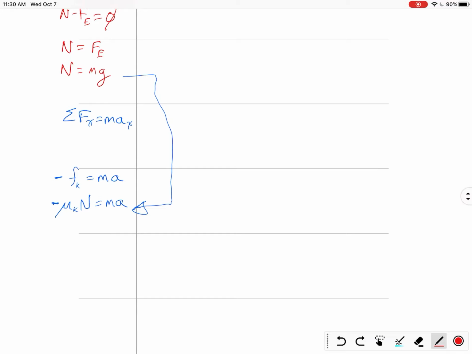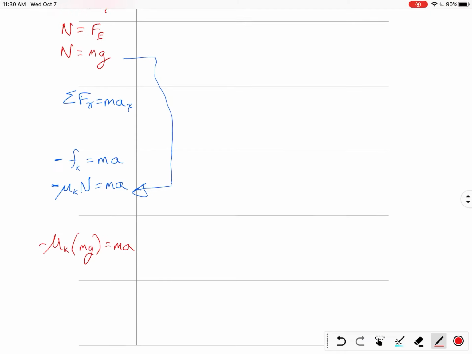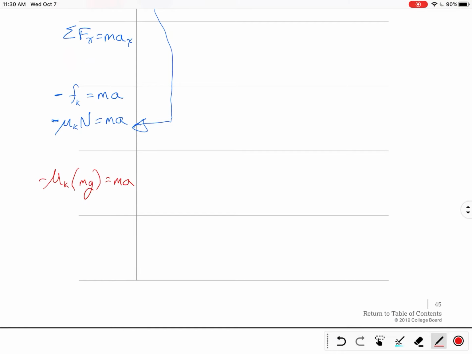So I'll simply combine those two together and say that minus mu sub k times mg is equal to m times a. And then I can take this one step further and eliminate the m's and solve finally for the acceleration. Put the acceleration on the left, equal to minus mu sub k times g.